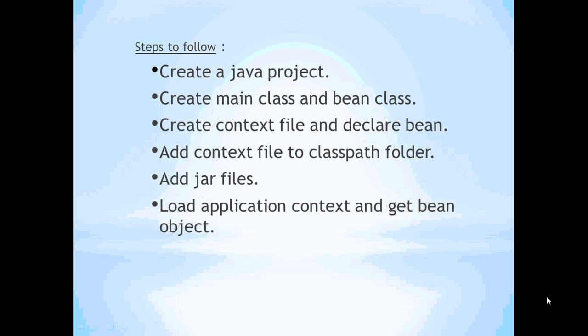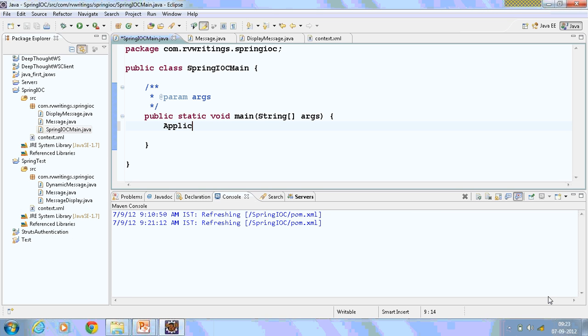And the next thing is to load the application context in our main class. For this I am going to create an application context object.